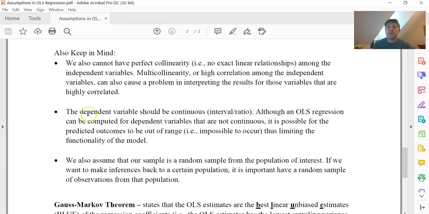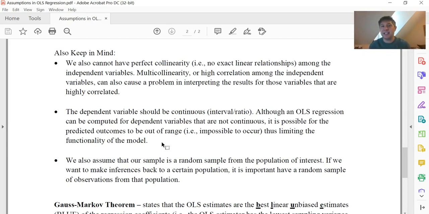The dependent variable in OLS regression should be continuous, so it's measured on an interval or ratio scale. Although it's possible to estimate a model for a dependent variable that's not continuous, you could incur some other issues, like the predicted values might be out of range. So if you have a censored dependent variable or it's truncated on one end, you could get predictions that are actually out of range.